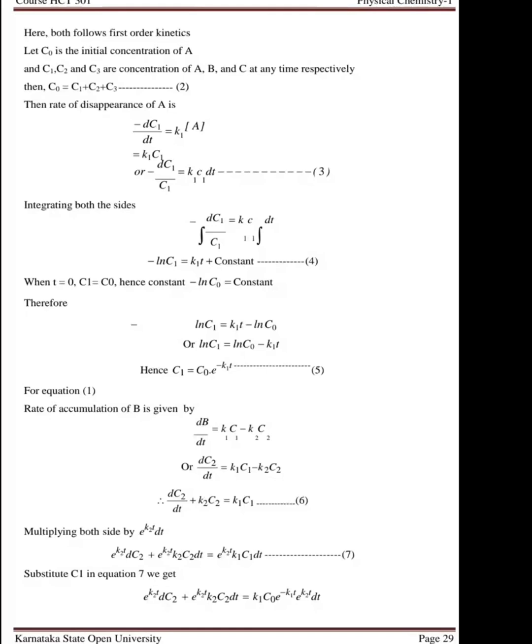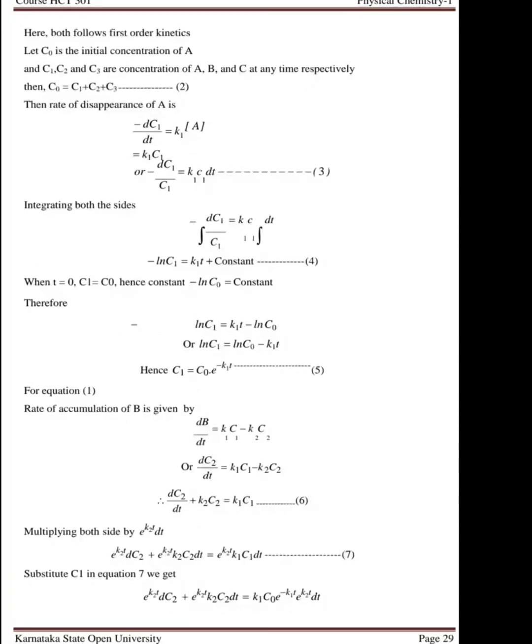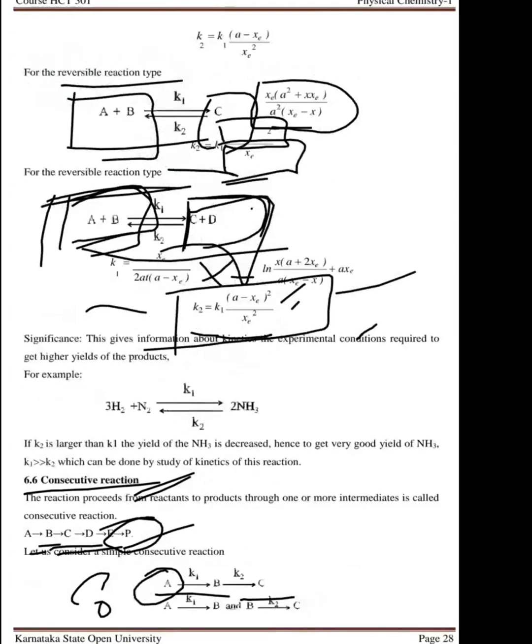Here we are taking C naught as the initial concentration of A. For the A reactant we take C naught as the initial concentration, and C1, C2, C3 are the concentrations of A, B, C. So C naught is equal to C1 plus C2 plus C3. These A, B, C are the reactant with intermediates.